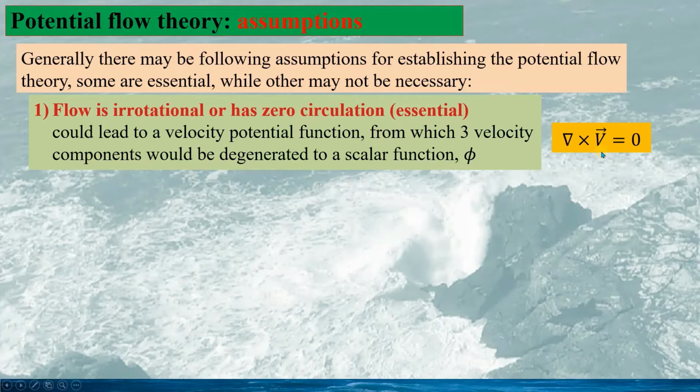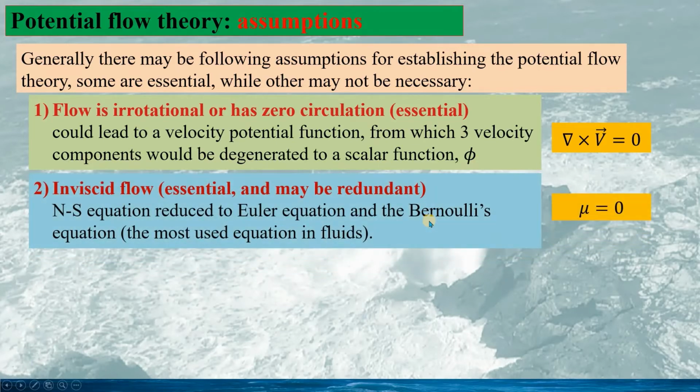The assumption for irrotational flow is given by the curl of the flow velocity vector being 0. And this will also lead to a velocity potential function, from which the three velocity components would be degenerated to a scalar function, phi.